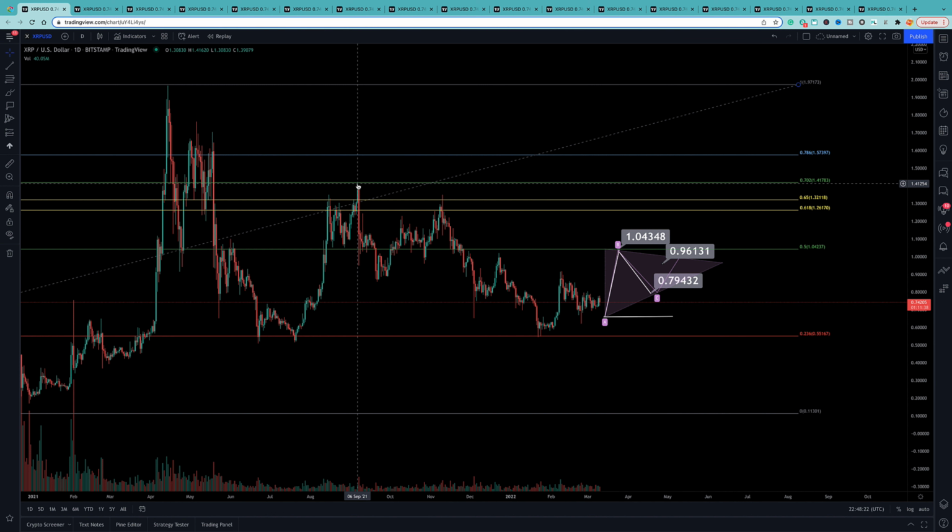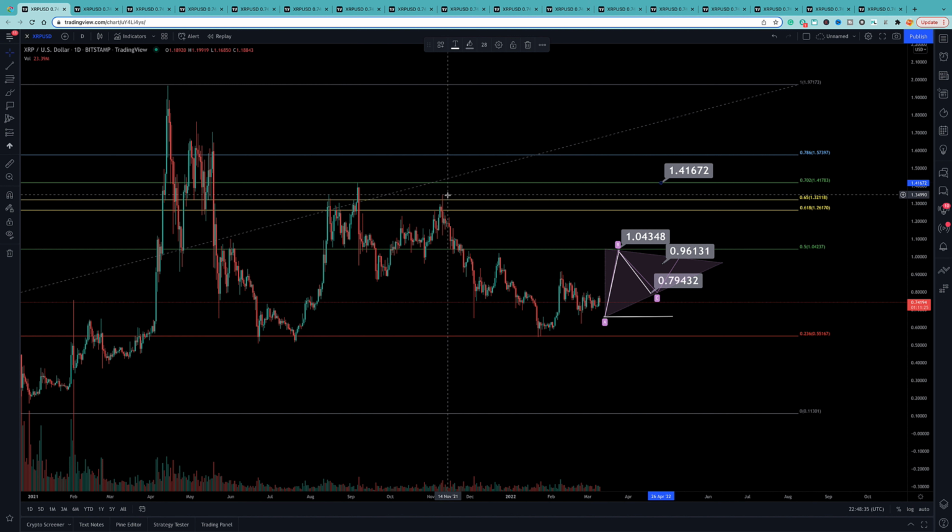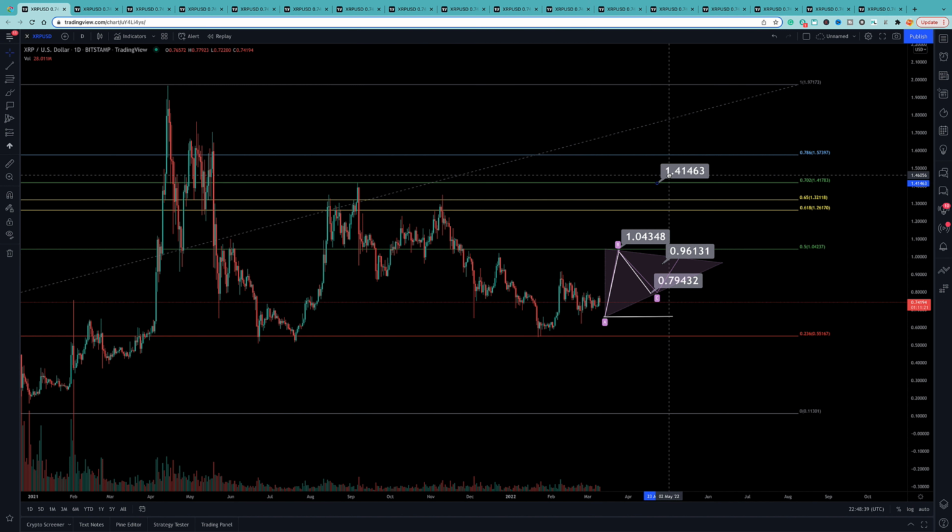And again, look, $1.41. So it's quite possible we'll come up and we'll do a $1.41. I remember we tried to break that and we couldn't. Look, nearly got there, came back down, tried to come back up again, and then failed. So it's quite possible $1.41 seems pretty reasonable.